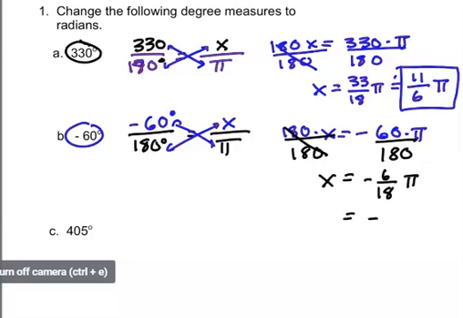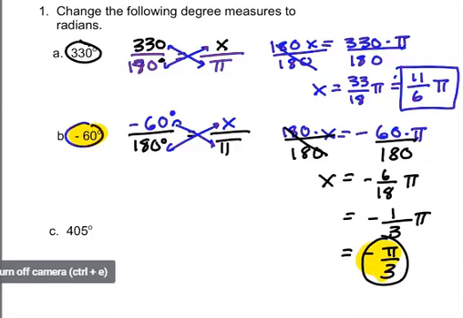Divide the top by 6, the bottom by 6. And usually we write it like this. You can just put 1/3 pi, but usually we just put the pi on the top and the number just on the bottom. So negative 60 is equivalent to negative pi over 3.